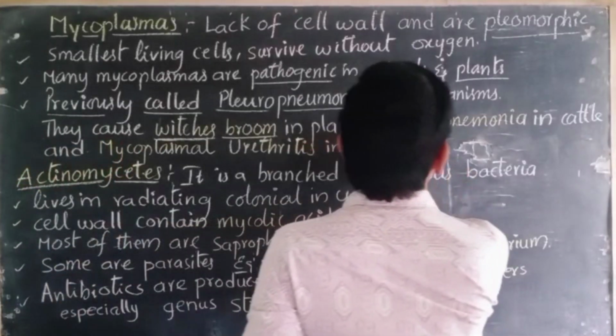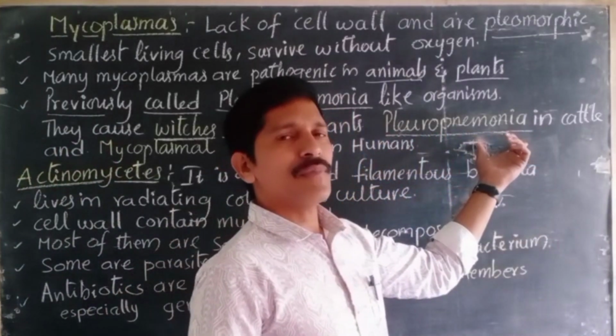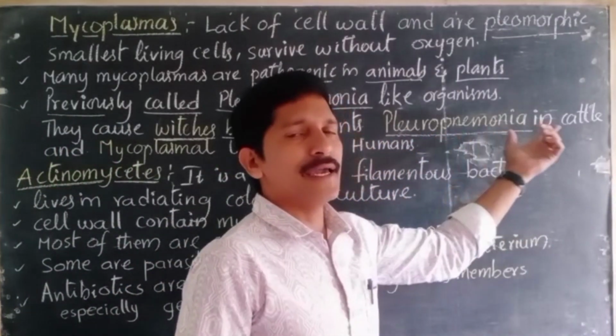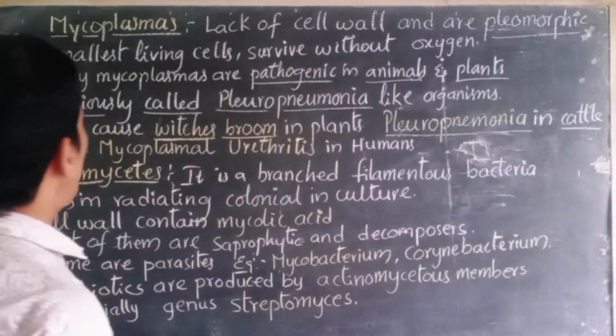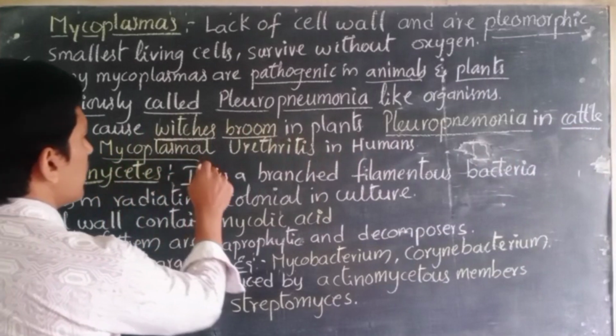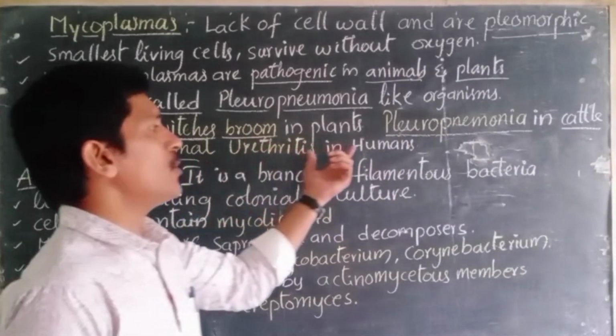The name of the disease which occurs in animals is pleuropneumonia in cattle, right? And mycoplasmal urethritis in humans.